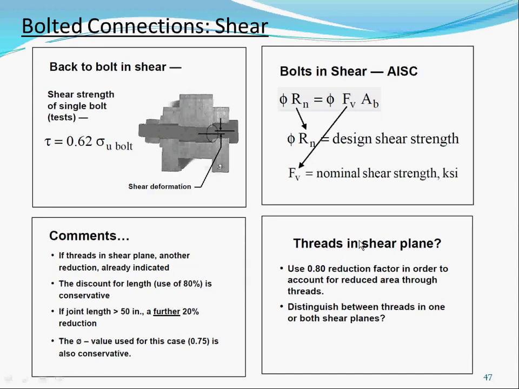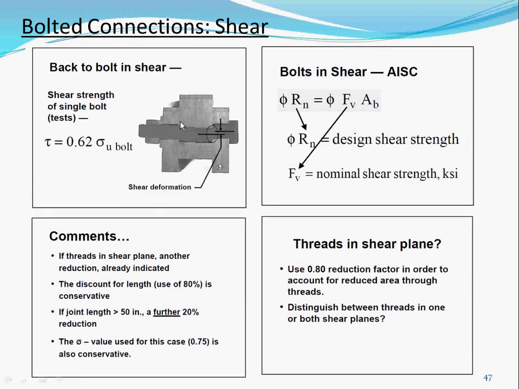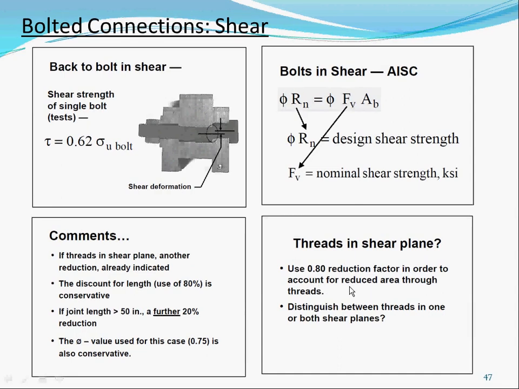Threads in the plane or not. So if you have a bolt, you have threads. This is threads not in the plane. Okay, threads in the plane is when the threads go into the shear plane. If this occurs, you have to take another 80% reduction because of the threads.